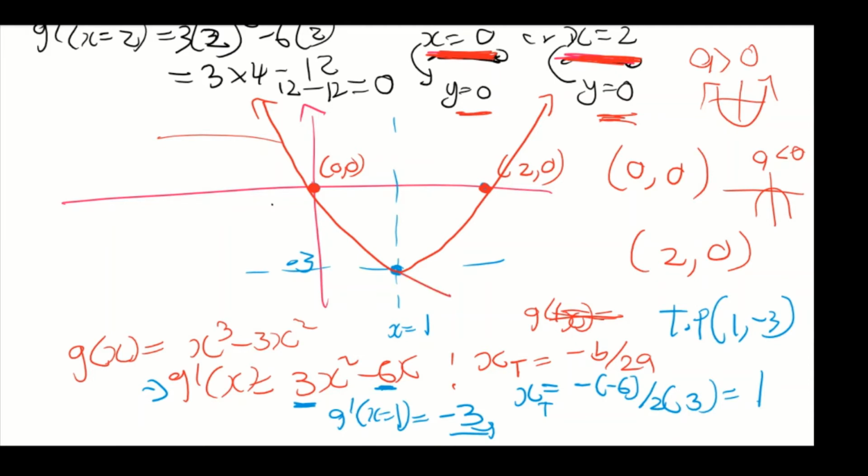This is the minimum value of y, which is equal to minus 3, having the x value being equal to 1. So hence we can define the function as a point of minimum. So the point of minimum is when y is equal to minus 3.